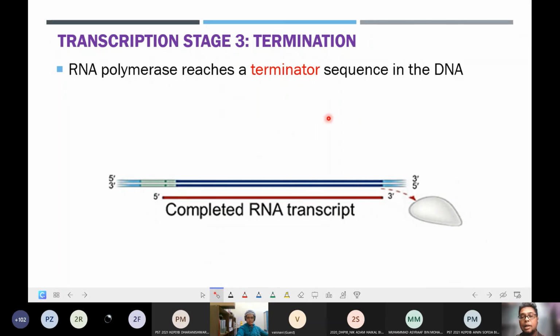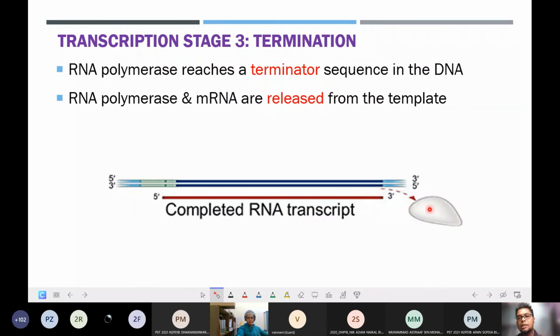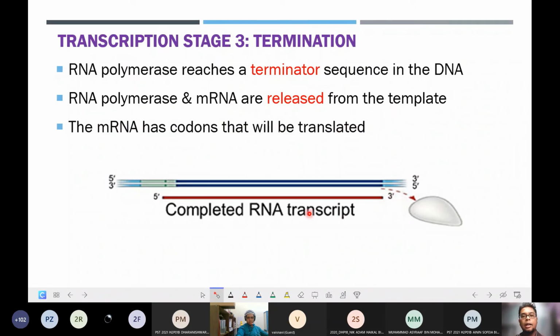Maybe somewhere here on this template strand, there will be this terminator sequence, and once the RNA polymerase reaches it, the RNA polymerase will be released from the DNA template, and the mRNA will also be released from the template. Now this mRNA, or the RNA transcript, will have codons that will later be translated during the process of translation.